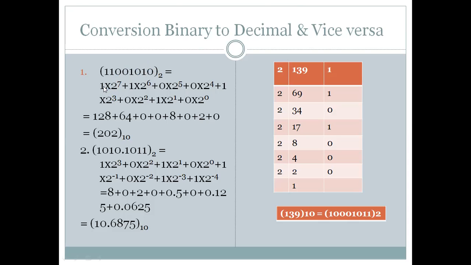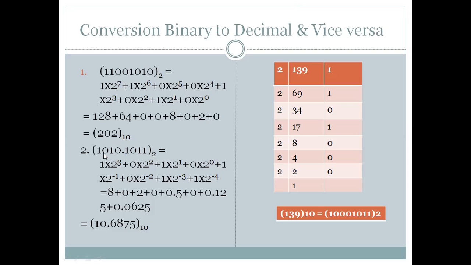So this digit is 1 and is multiplied by 2 raised to the power 7. This digit is 1 multiplied by 2 raised to the power 6. This digit is 0 multiplied by 2 raised to the power 5. And so on. We calculate these values and get the answer 202 in decimal.